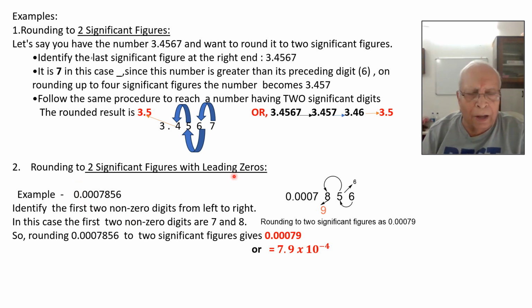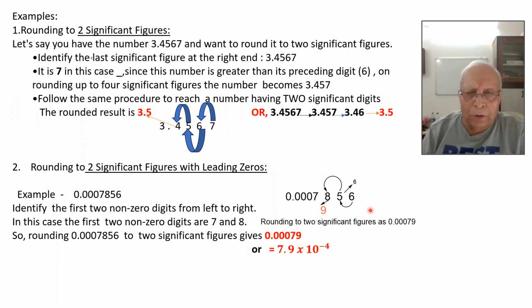Now here there is another case with 0.000786. Now we know that zeros are just placeholders. They are not considered the significant figures. So how many significant figures are there? 3 significant figures.